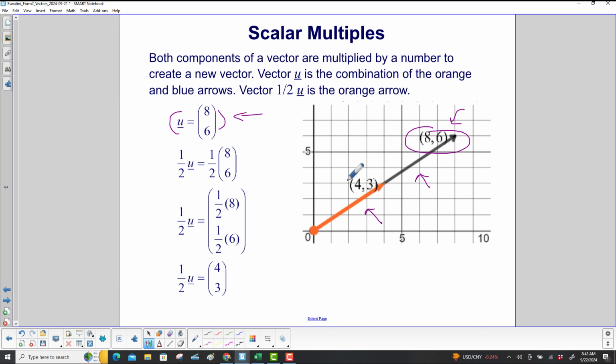Vector 1/2 u is the orange arrow. So 1/2 u is 1/2 times 8 over 6. You multiply both the top and the bottom by 1/2, and you get 1/2 u is 4 over 3, and here it is on the graph right here.